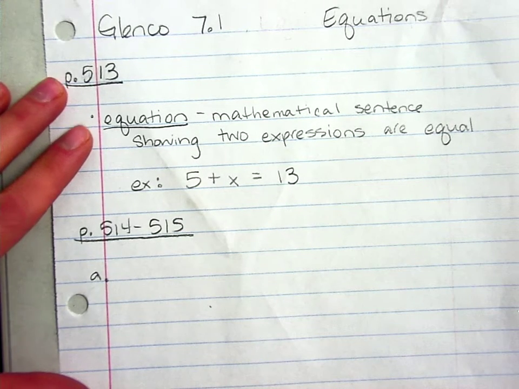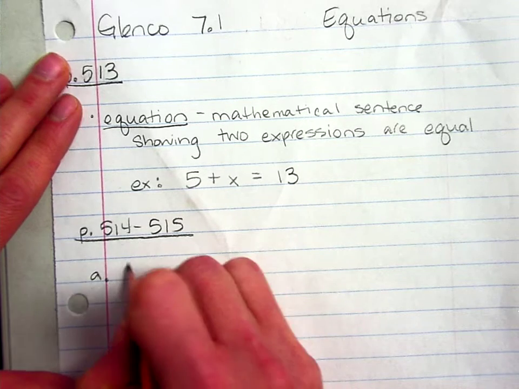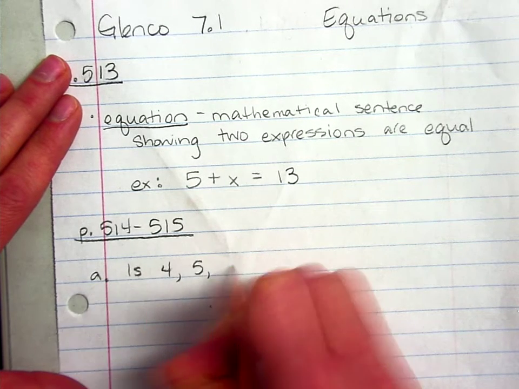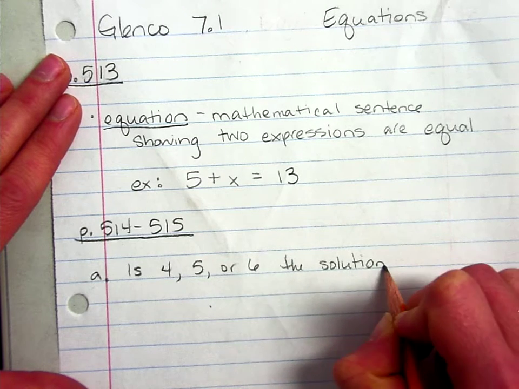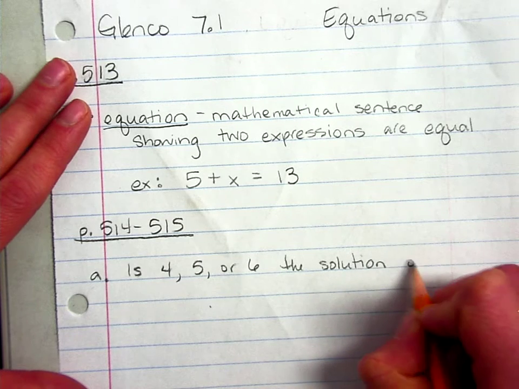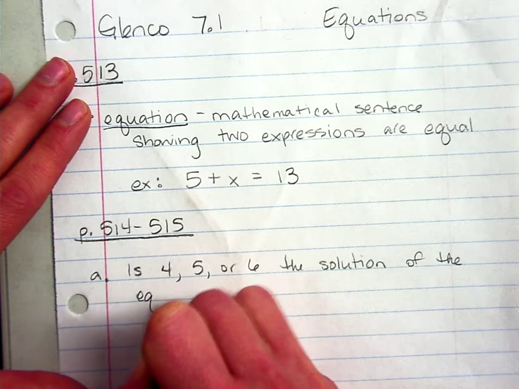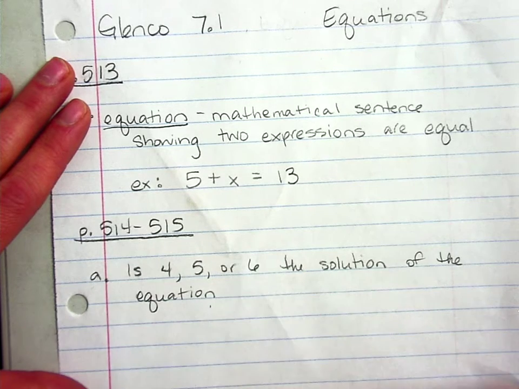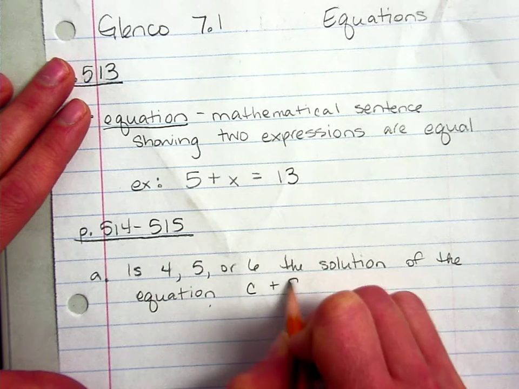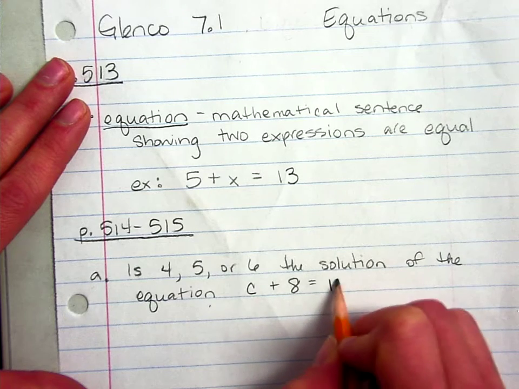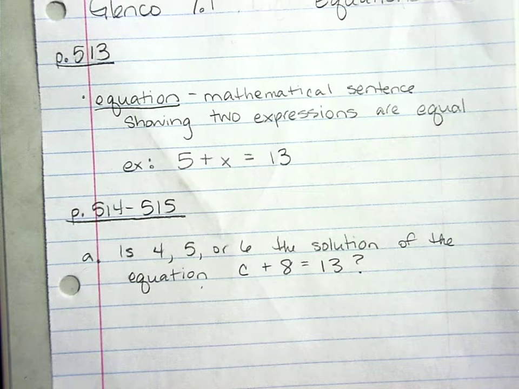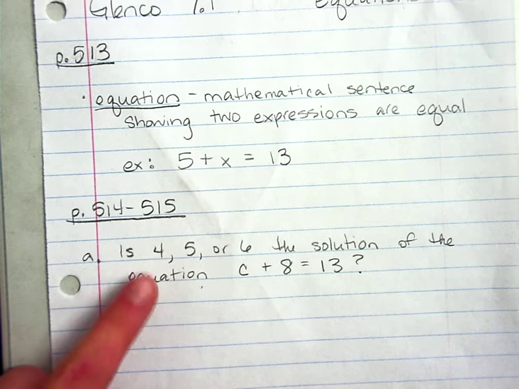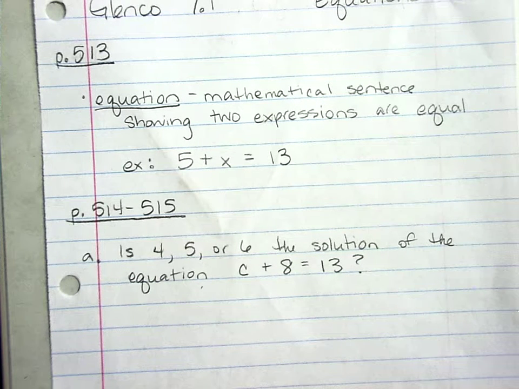It says, is 4, 5, or 6 the solution to this equation? So we look at our equation, c plus 8 equals 13, and then we have to decide, would 4 solve it, 5 solve it, or would 6 solve this equation?